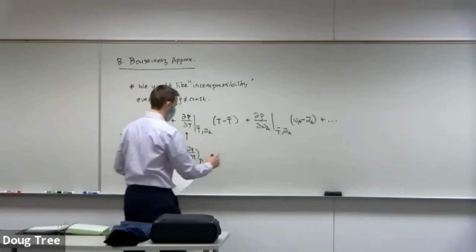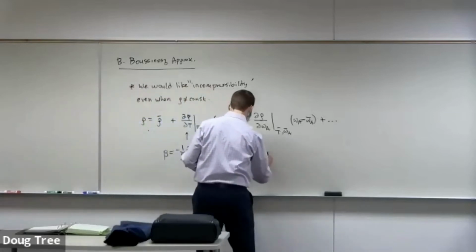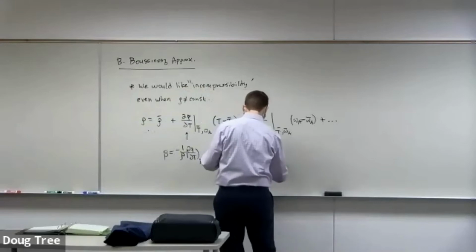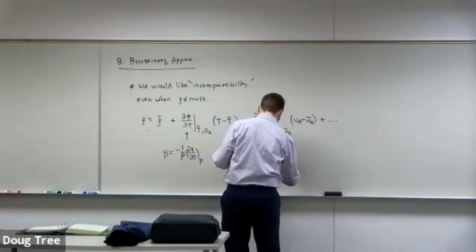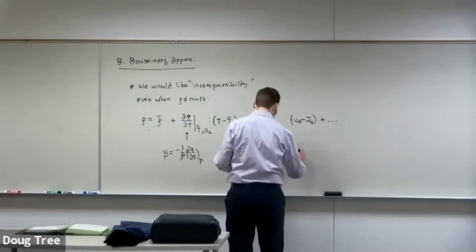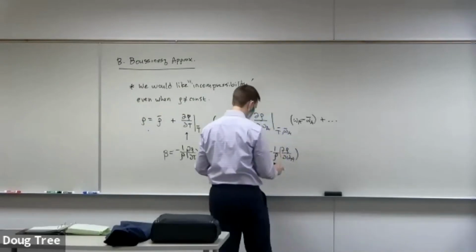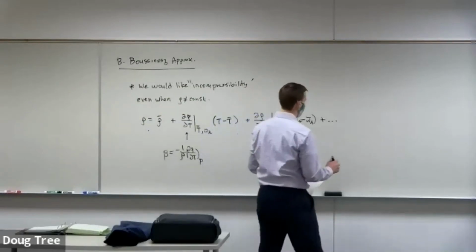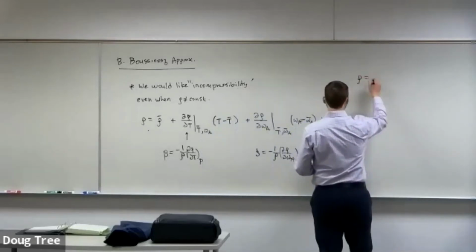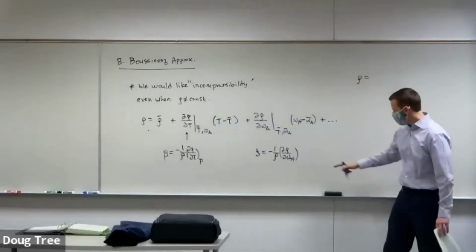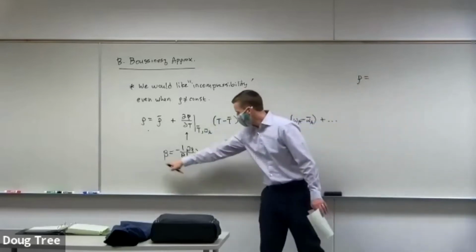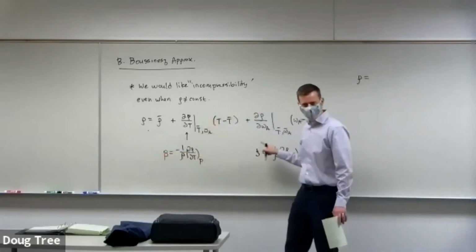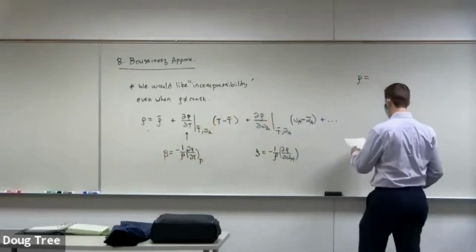And then we're going to define another one as zeta, which is equal to minus 1 over rho d rho dWA. Well, I don't know what it's constant at. I'm a little confused on that as I'm writing this. So then this is just going to be rho multiplied by zeta and rho multiplied by beta, and I'll be able to put those up there, right?